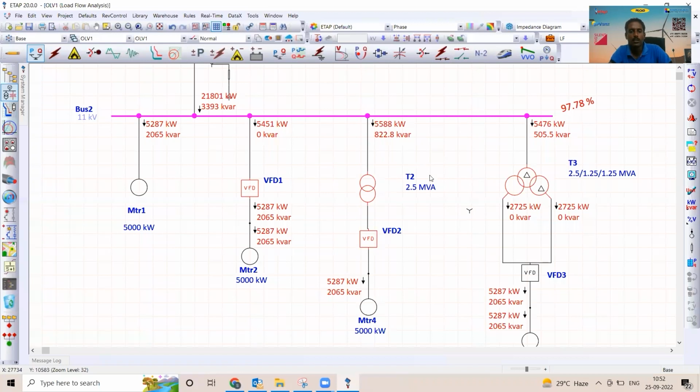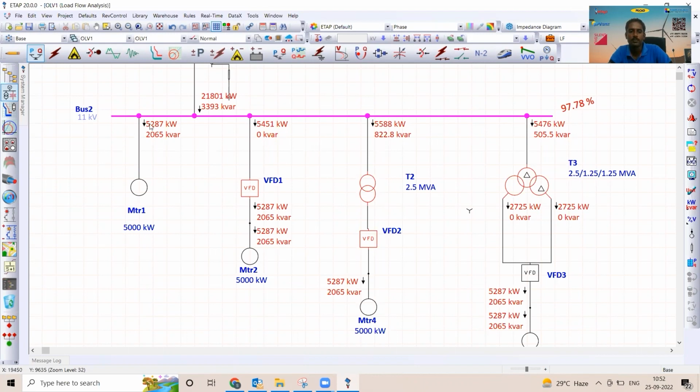Coming to the third one, it is a 6-pulse variable frequency drive. It is not a direct drive, which needs essentially a transformer. So the difference between this and this is that this variable frequency drive essentially needs a 2-winding transformer. There is a 2-winding transformer connected, which further increases the losses, and whatever the reactive power losses in the transformer are also reflected on the input side.